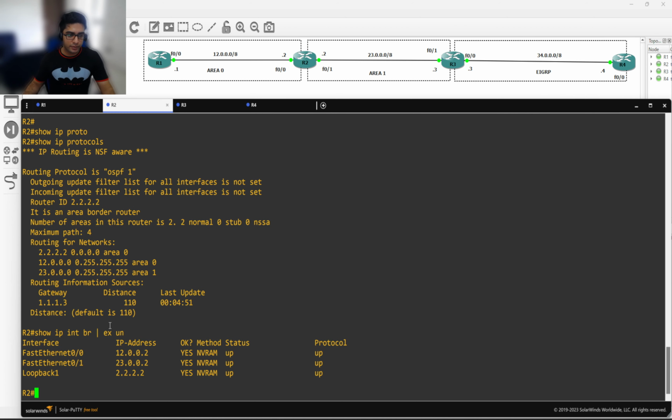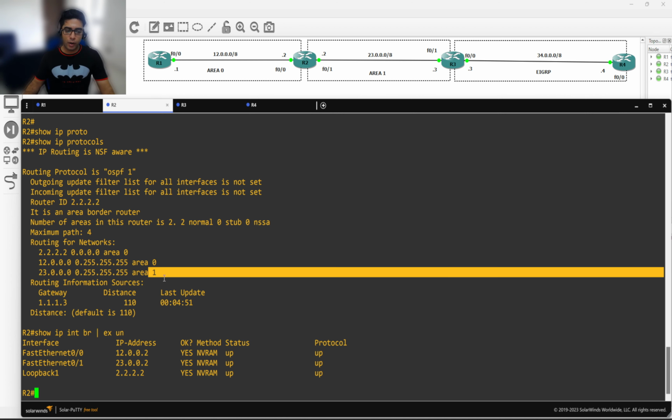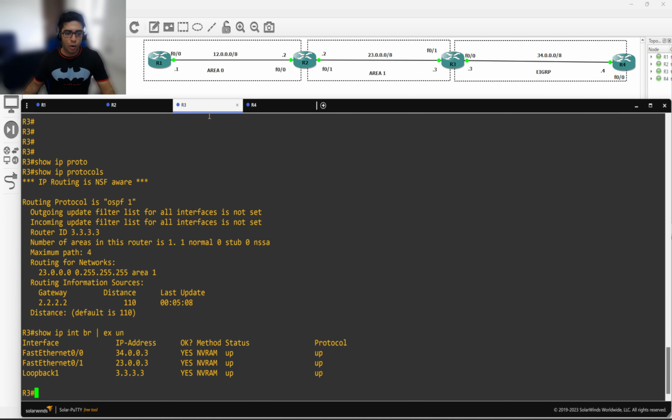On R2, these are the IP addresses on 0/0, 0/1, and loopback 1 is also created with the IP address 2.2.2.2. So the loopback address and the 12 network interface are part of area 0. The other interface that is facing R3 is a part of area number 1. Similarly, on R3, these are the interface IP addresses, and a loopback is created, 3.3.3.3.